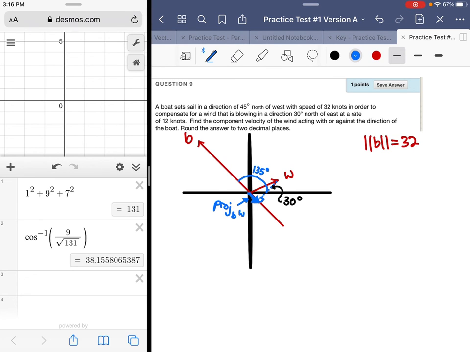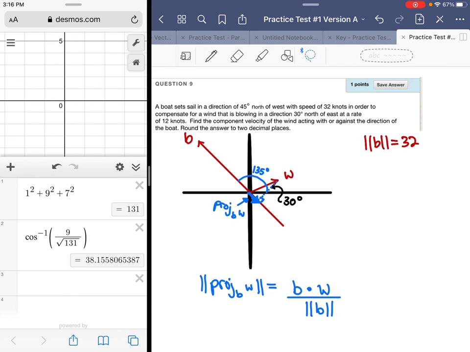All right. So ultimately we want the magnitude of the projection of W upon B, which is going to be the dotting of B and W divided by the magnitude of B. And that'll tell us what amount of the wind is impacting the movement of the boat.